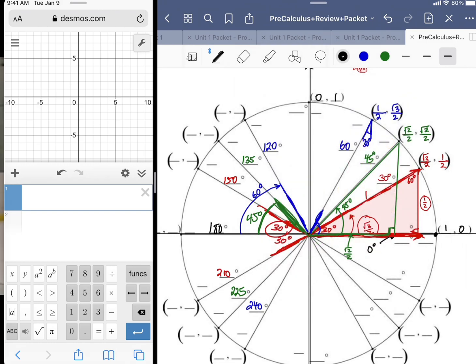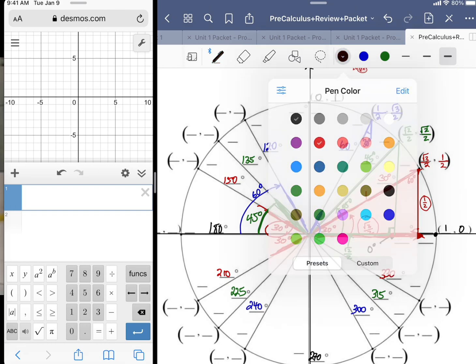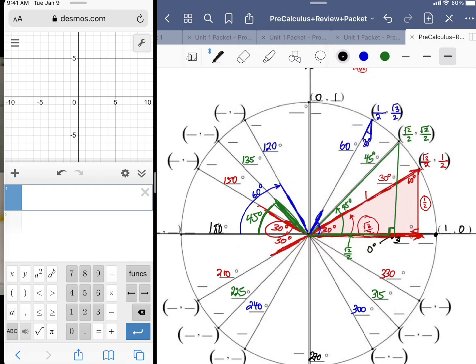Then we're back to 270, three-quarter turns, 90 times 3. Then plus 30, so that's going to put us at 300. Add 15, 315. Add 15 again, 330. And then one full turn would be 360 degrees.